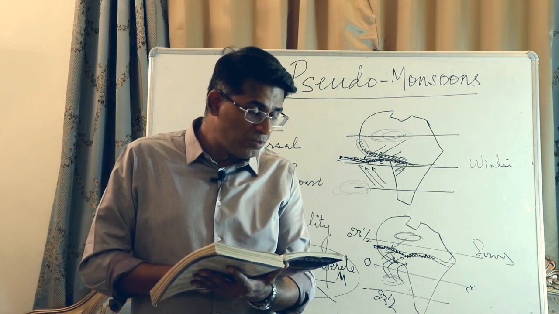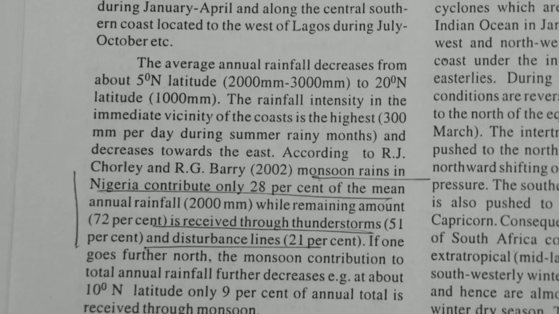Page number 132, the second paragraph. Look at the 6th, 7th line. According to R.J. Shorley and R.G. Barry, the monsoon rains in Nigeria contribute only 28% of the mean annual rainfall, while the remaining is from thunderstorms and disturbances.